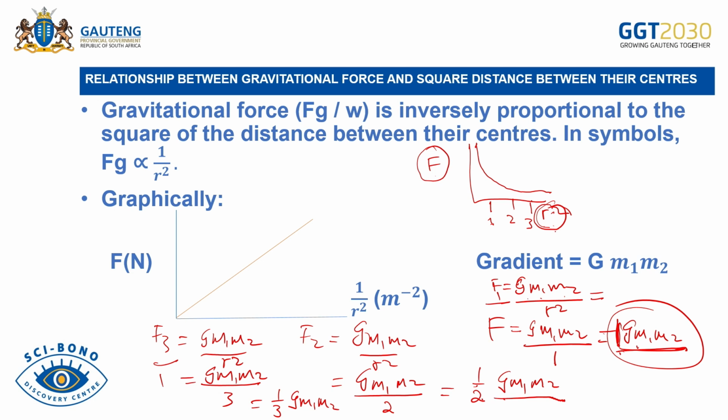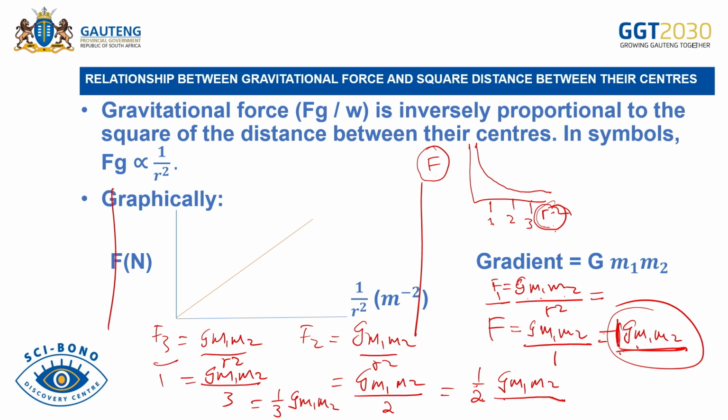But now, when it comes to this part, I'm looking at F and the inverse of R squared. What should come to mind? Between F and R squared, the relationship is inversely proportional. But between F and the inverse of R squared, the relationship, like it or not, should be directly proportional.